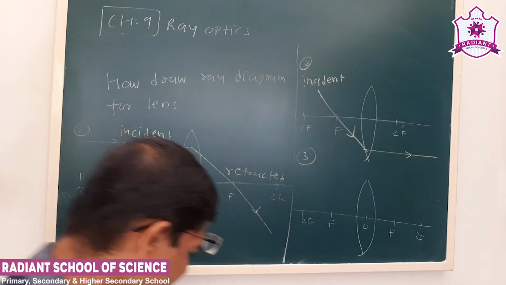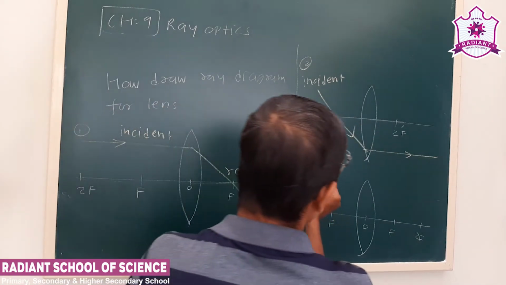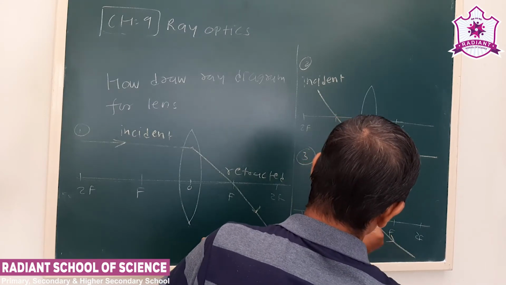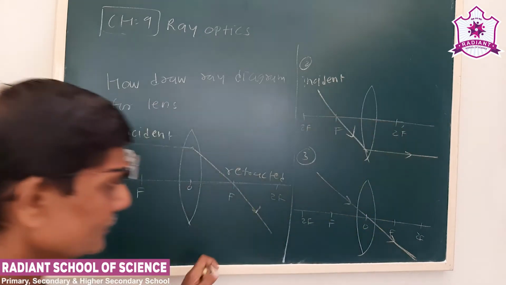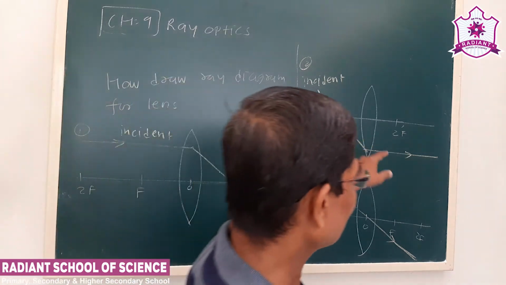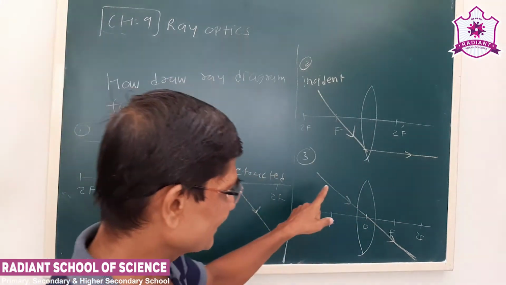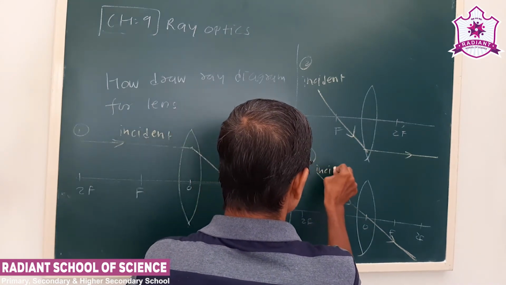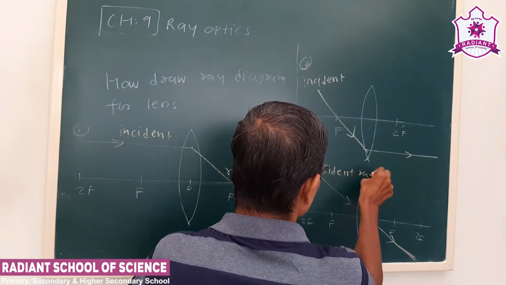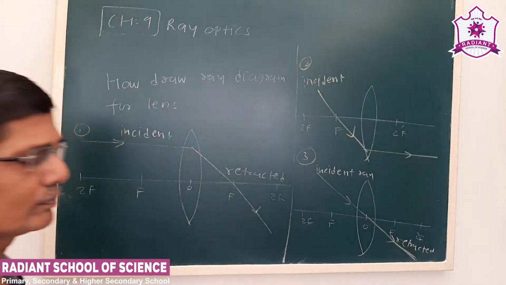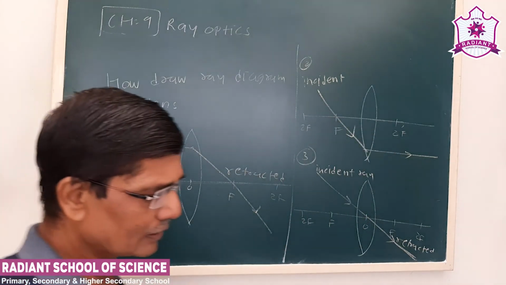And the third condition we have to see: if the ray passes through the optical center of the lens, it will travel without changing direction. See here, after refraction the direction is changed, here also it is changed, but here the incident ray and the refracted ray move undeviated.